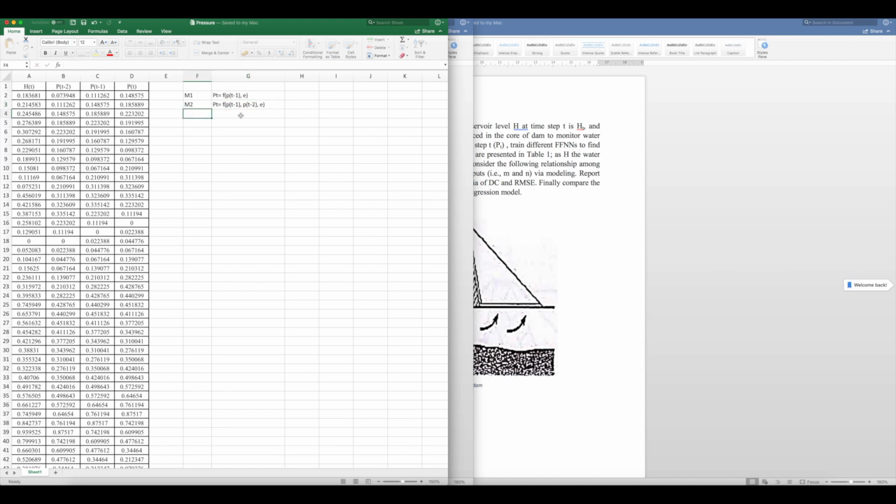This is the second model, with these as inputs and pt as the output or target. If you want to consider M3, the third model, we are also going to have h, but this time h of t and not t minus 1.